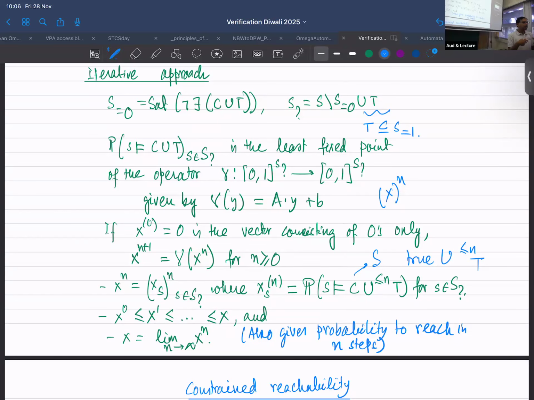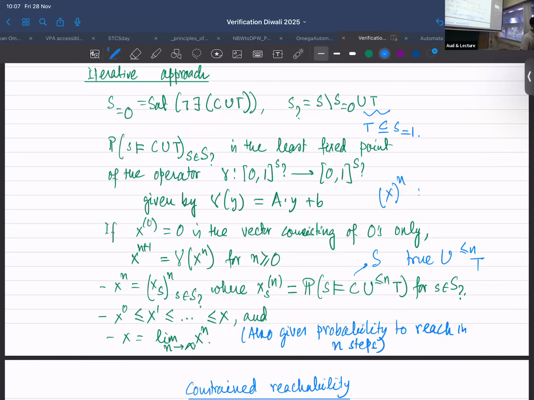So I apply gamma, I get x1, then I apply gamma, I get x2, x3, and so on. Now, I claim that this gives me the probability to reach T in at most n steps, and not in exactly n steps.